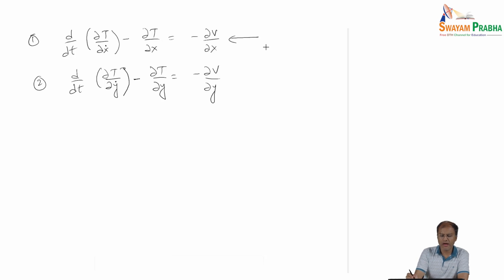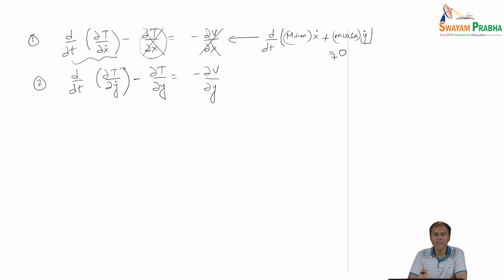When we plug in all these values of T and V, T doesn't have any x, so this is also 0, and V doesn't have x, so this is also 0. So the only quantity remaining is this d/dt term: d/dt of (M plus m) x dot plus m cos alpha y dot, and we set this equal to 0.